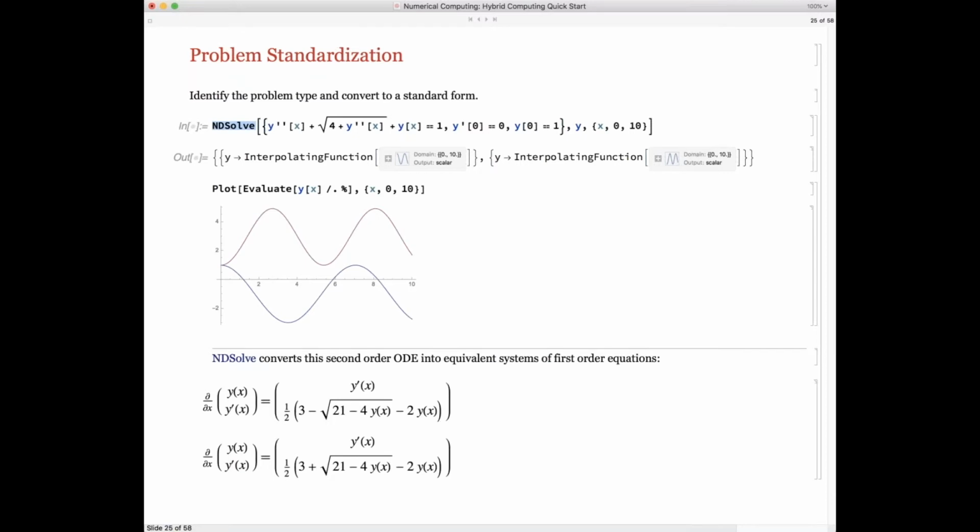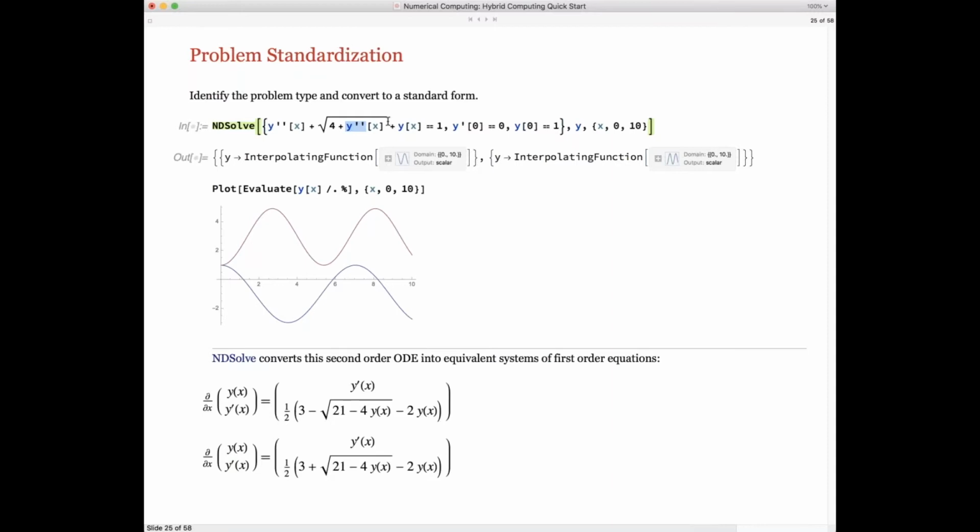NDSolve lets you specify the set of differential equations and boundary conditions in a natural mathematical notation. In this case, the differential equation implicitly gives the second derivative y double prime. And because of this square root, there are two distinct branches or solutions to this differential equation.